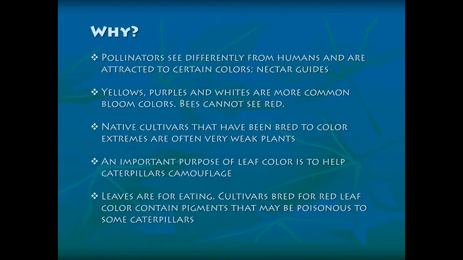Like some of the ninebarks, some of the weigela, although weigela is not a native plant, but they've been bred to have this sort of burgundy color. And so they are naturally host plants for caterpillars that can not only show up a lot on those red leaves, but also get poisoned by them.